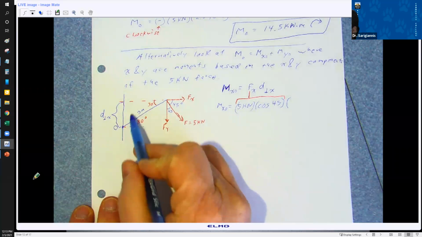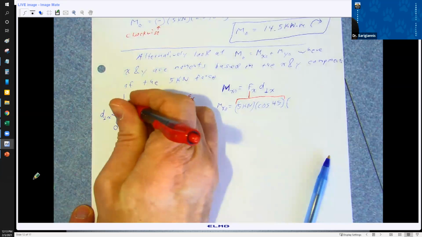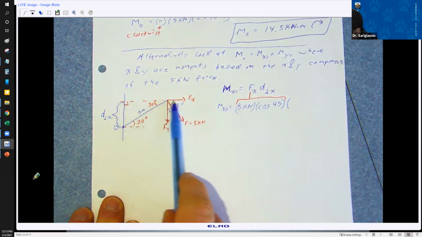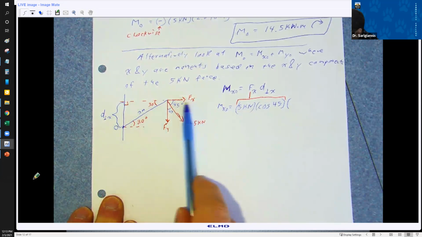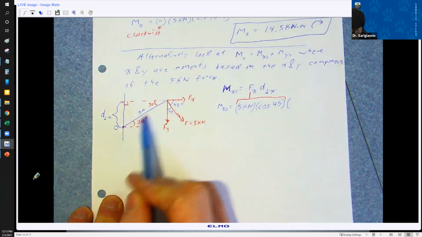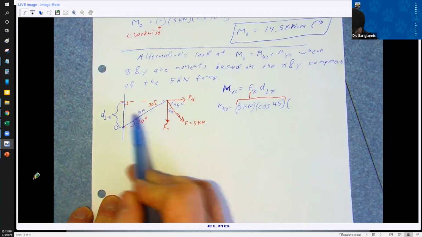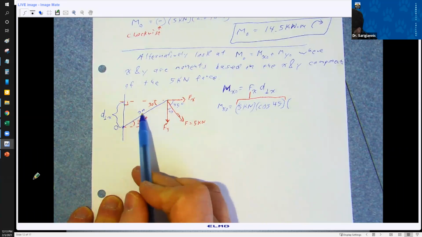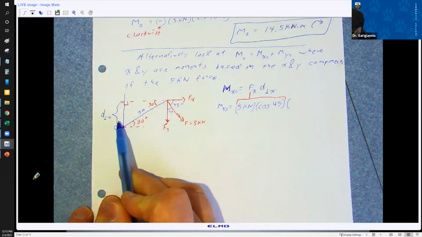In my triangle, I have a 90-degree triangle, because this is the line of axis of the force, and this is the point at which it's perpendicular to the origin. That's why we're taking this distance. I've got 30 degrees and the hypotenuse of the triangle, so hypotenuse times sine of 30 gives me the opposite.